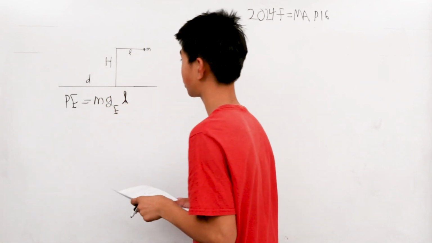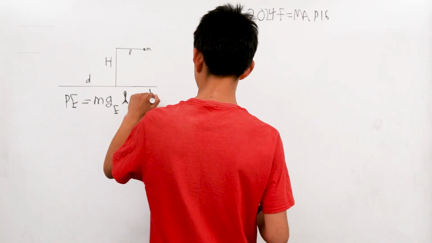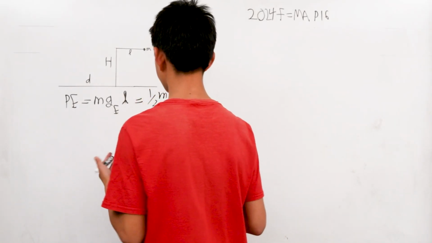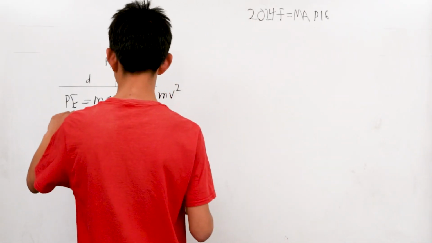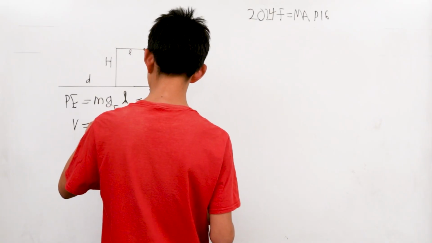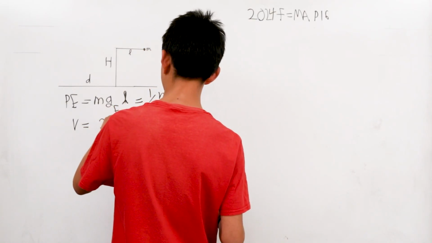And this is also equal to 1/2 m v squared. Solving for v, we get that v is equal to the square root of 2 g_E times L.